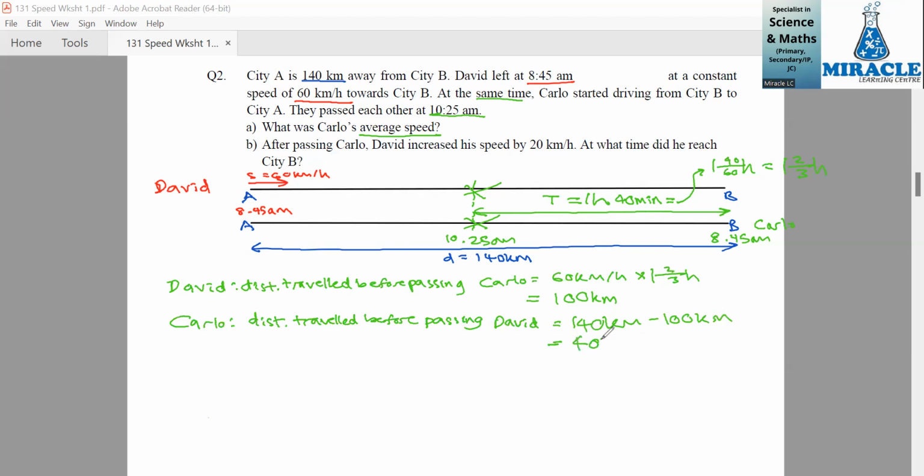This is 40 km. So why can we do this? We know that City A and City B have a distance of 140 km. So we just have to take that minus 100. Now that we know the distance Carlos traveled and the time he took to travel, we can find Carlos' average speed.